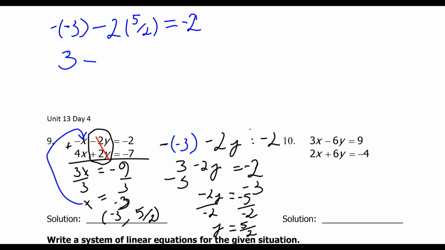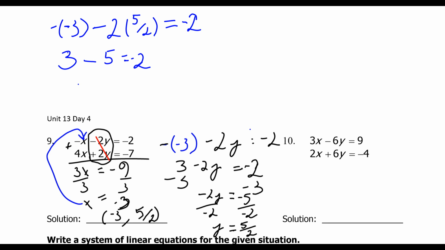Now 3 minus 5 is negative 2. You can check that in your calculator if you feel like. So negative 2 equals negative 2. That is a true statement. Therefore, it works in this equation.